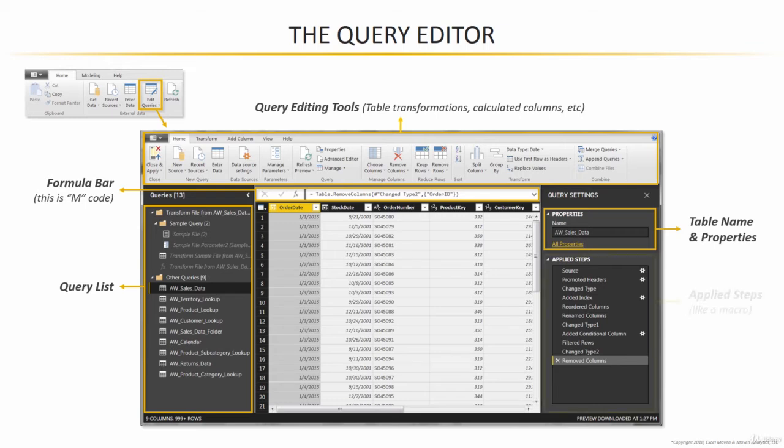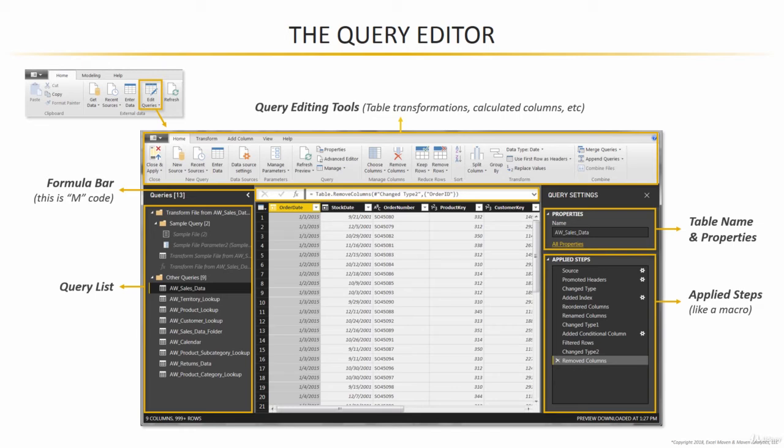And then last but certainly not least, the applied steps pane here in the lower right. This is really, really powerful because what's happening here is that every time you make a change to your data, every time you apply some sort of shaping or transformation operator, Power BI will record an applied step using that M code and add it to the list here.